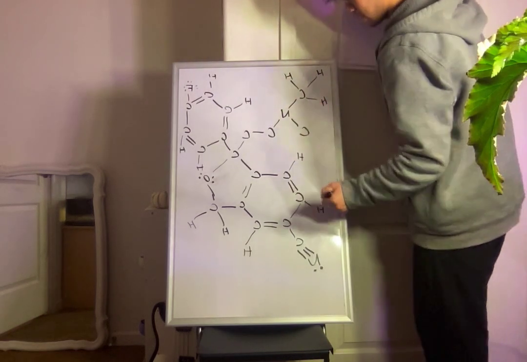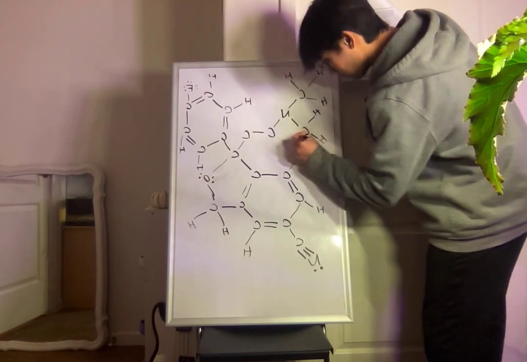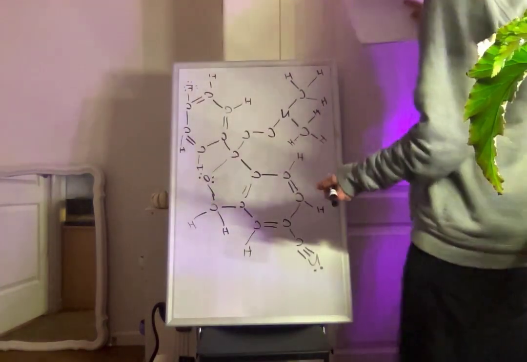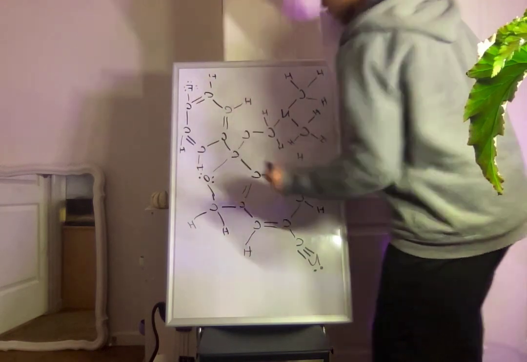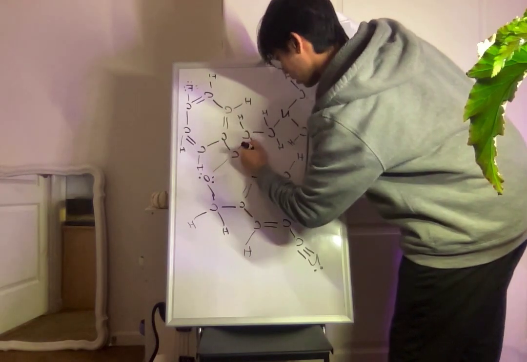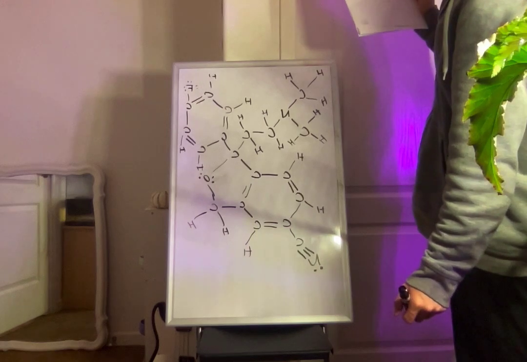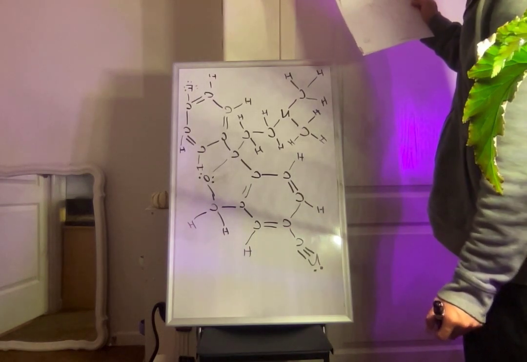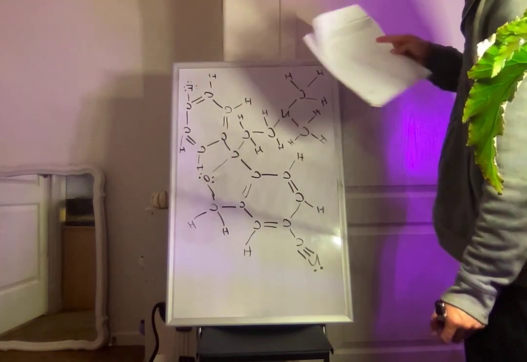Carbon always makes 4 bonds total, so anywhere else where we're not seeing a complete 4 bonds, we're going to put a hydrogen there. So hydrogen here. Okay guys, go ahead and correct me if I'm wrong, but everything looks good there.